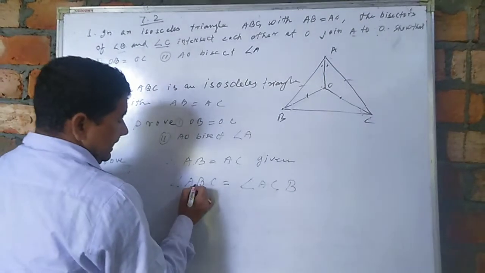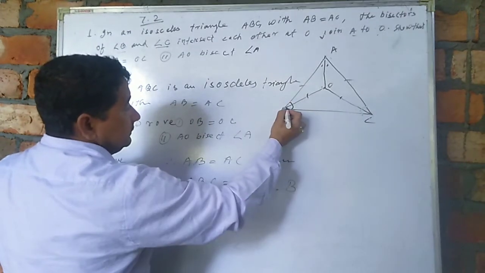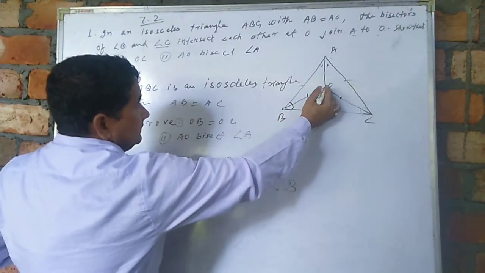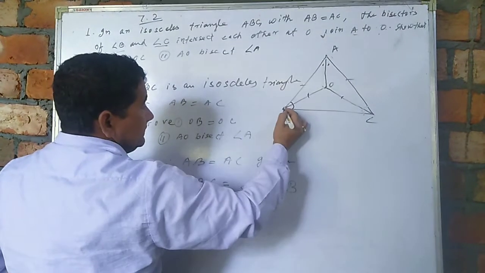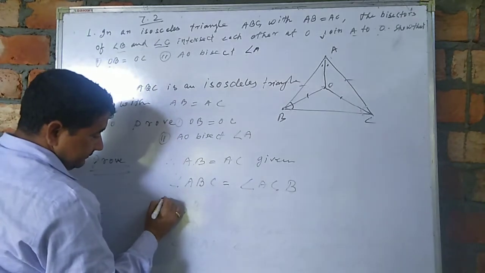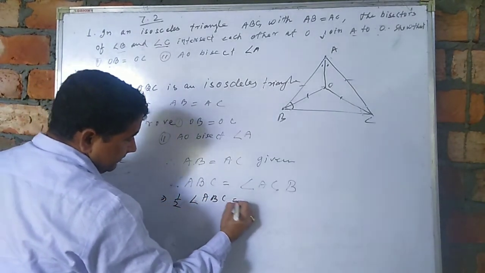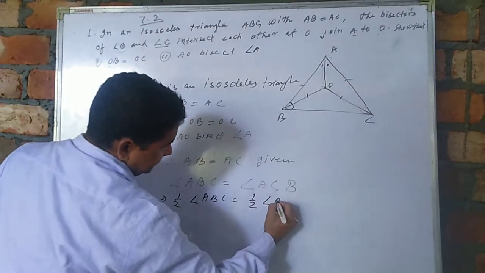Again, OB is the bisector of angle B and OC is the bisector of angle C. Therefore, you can take half of ABC and half of ACB.